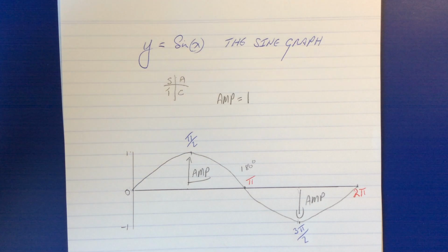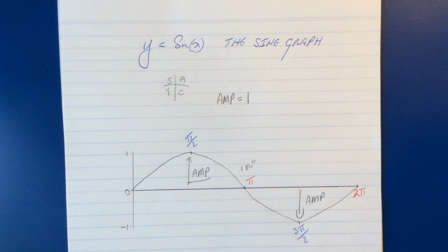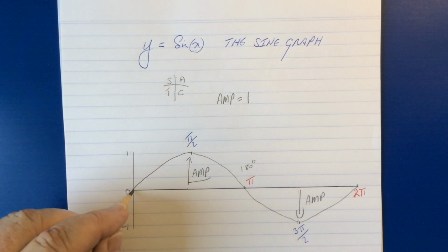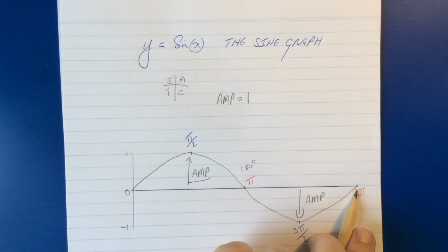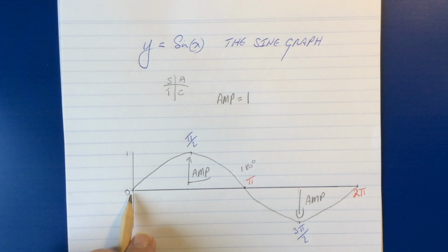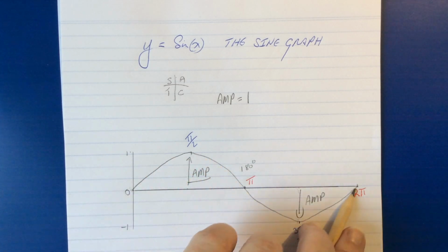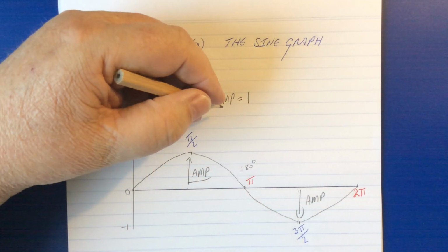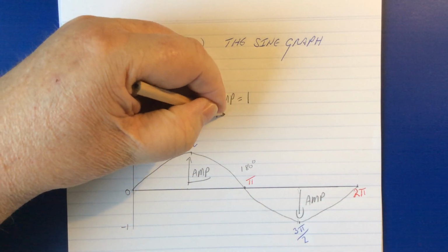Whatever that unit is, it's 1 unit. Okay, so what else do we see? Well, if we start here and go all the way to 2 pi, we wind up in the same position we were. We wind up at 0. And this distance, the distance to get back to where we started through one full cycle, is called a period.